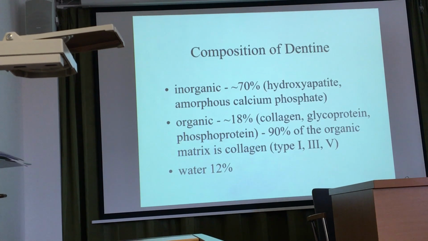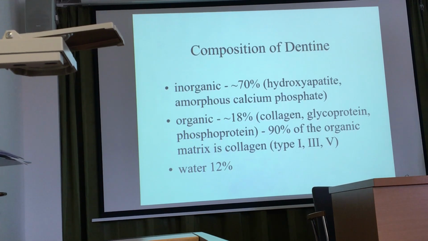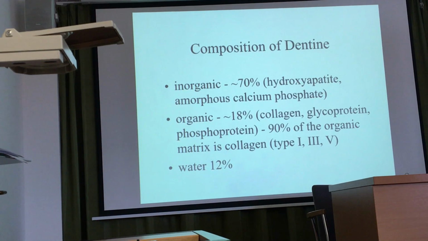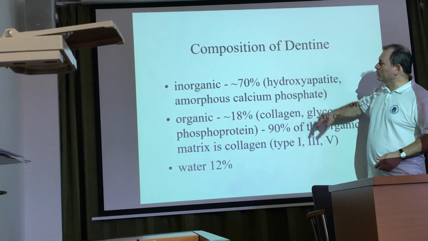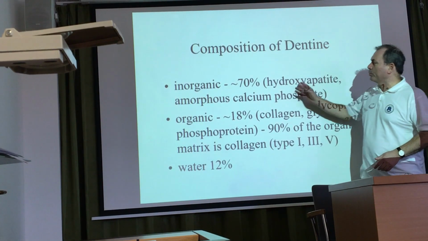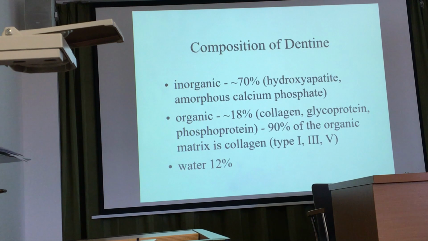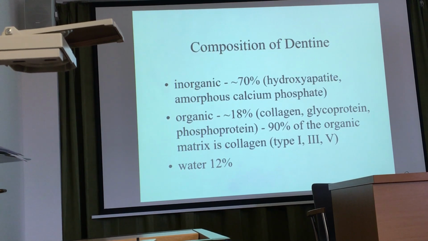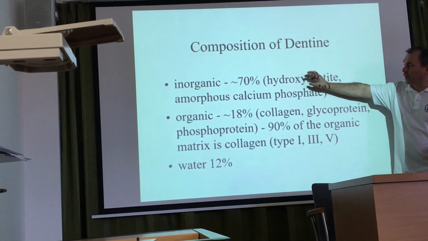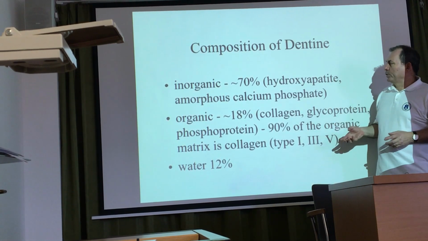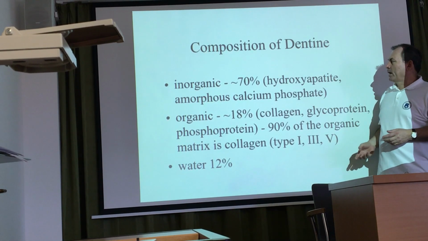Dentin phosphoproteins are very special and very important, connected to the formation of the dentin and calcification of the dentin. And we have, of course, the inorganic component with crystals, amorphous and hydroxyapatite crystals, mainly hydroxyapatite crystals. These are the most well-formed crystals of the calcium phosphate.